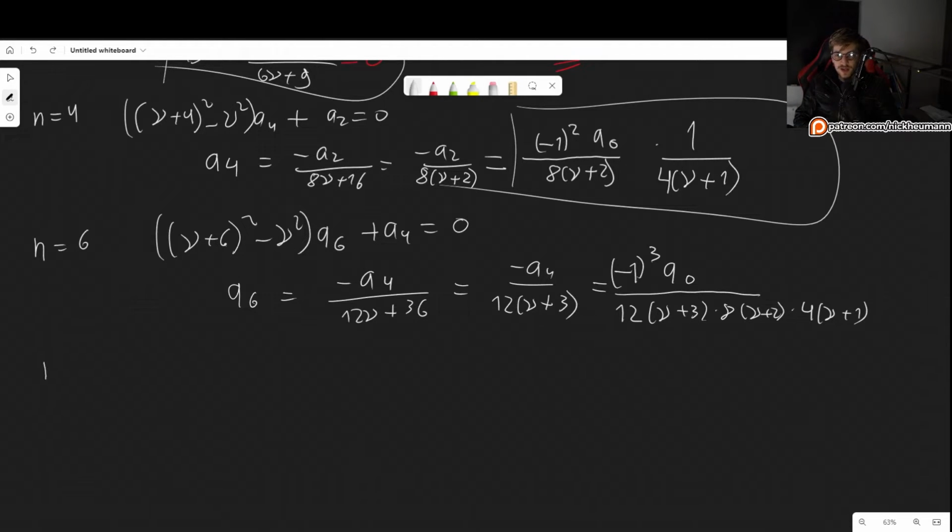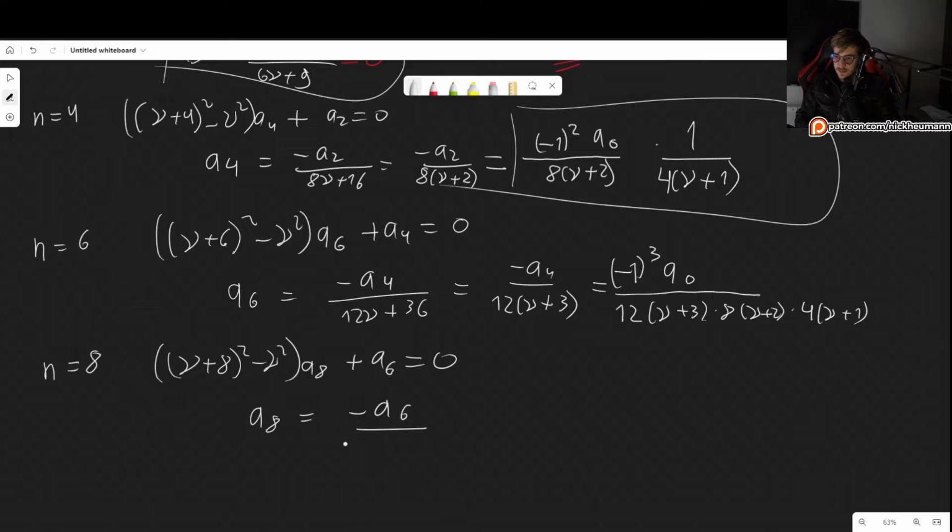We could already find the answer, but just to be sure, let's go for n equals 8. So here we get ((nu plus 8) squared minus nu squared) a8 plus a6 is equal to 0. Again, nu squares cancel out, so a8 is equal to minus a6 divided by 16 nu plus 64, we can factor out 16, which gives 16 times (nu plus 4). I went a bit faster here.